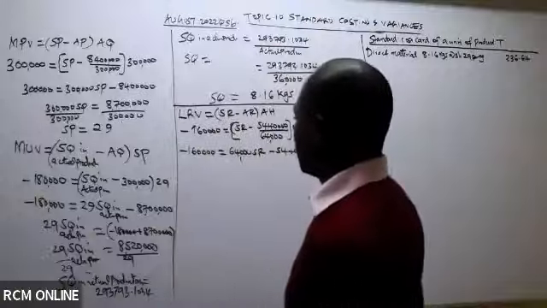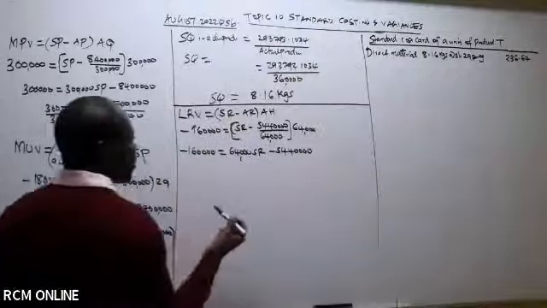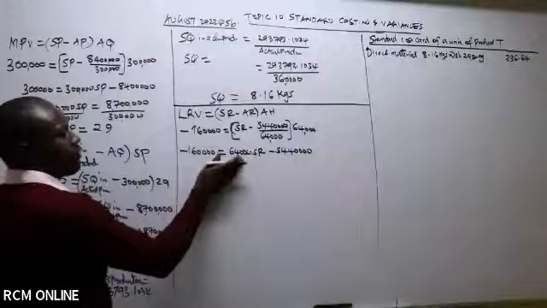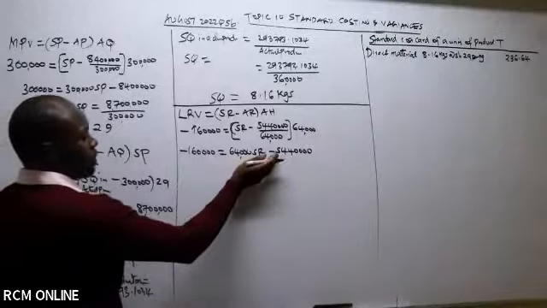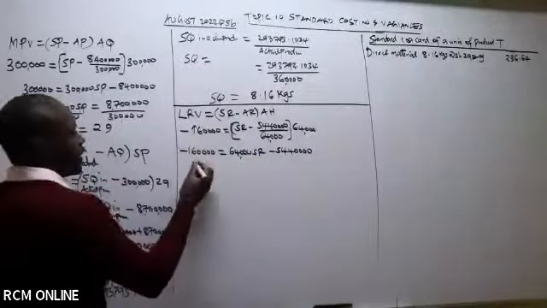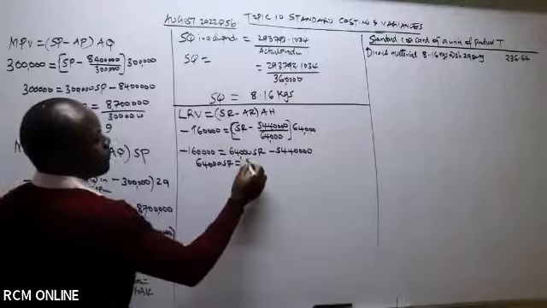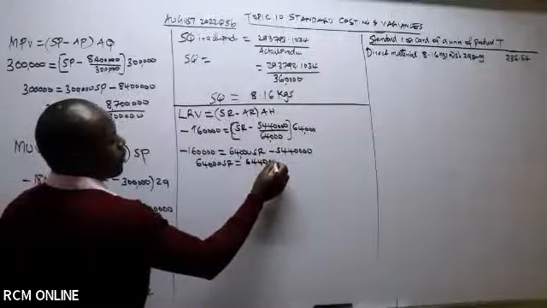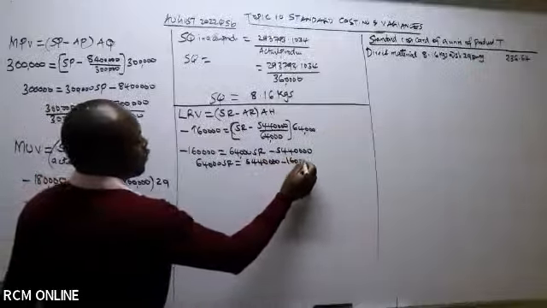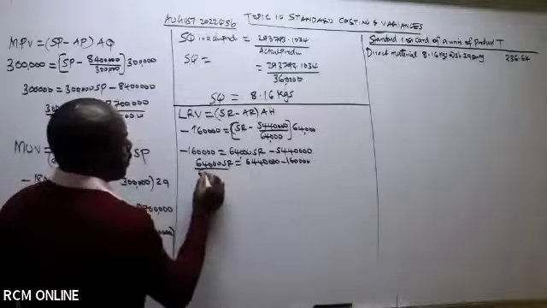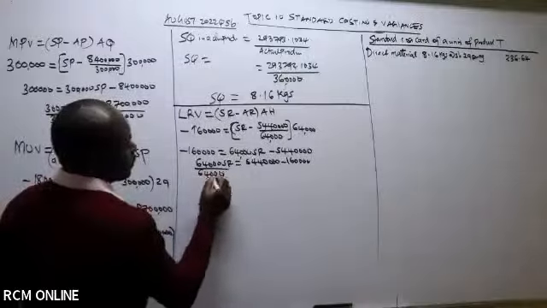Some have failed, so let us help them. Good. Once we have this, we only have one unknown, SR. So take this as a minus. If it crosses the equal sign, it will be a plus. So 64,000 SR is equal to 54.40 minus 160,000. Right? We need SR, divided by 64,000.